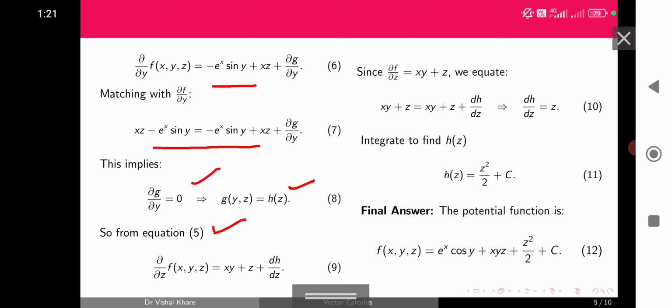Integrating this, we get h(z) is equal to z squared by 2 plus c. So we'll put this value in equation number 5. So f(x,y,z) is equal to e^x cos y plus xyz plus z squared by 2 plus c.